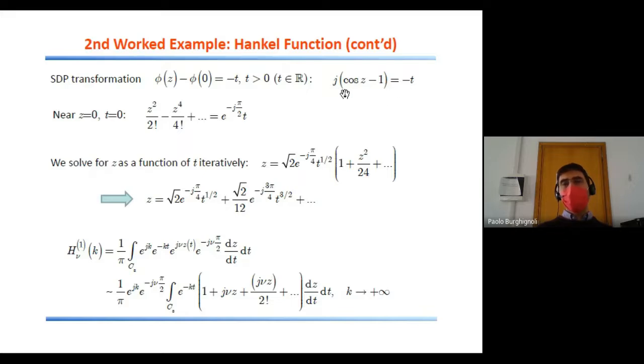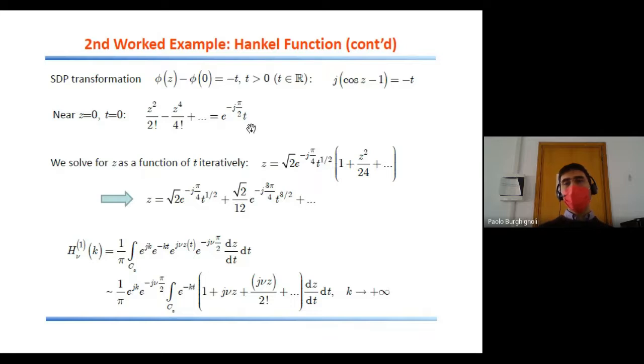And if you expand the cosine function through its Taylor series, that converges everywhere in the complex plane, by the way, you have that this infinite summation on the left-hand side of this equation is equal to e to the minus j pi over 2 times t. Now, this gives us t in terms of an infinite summation of powers in z. What we need, however, is the opposite. So we would be able to express z as an infinite summation of powers of t.